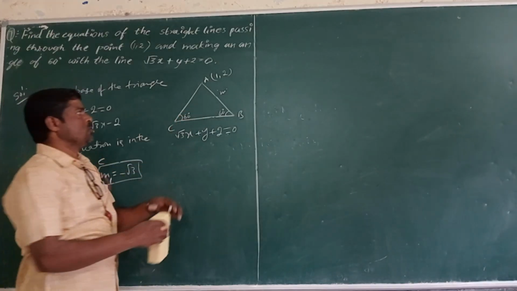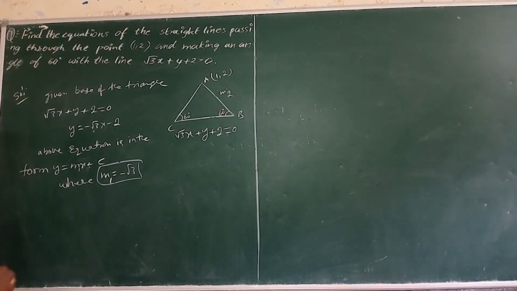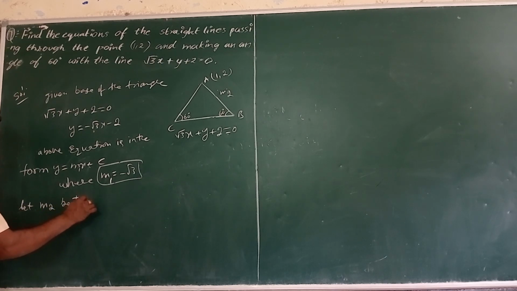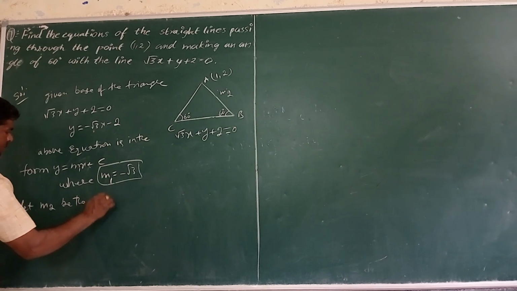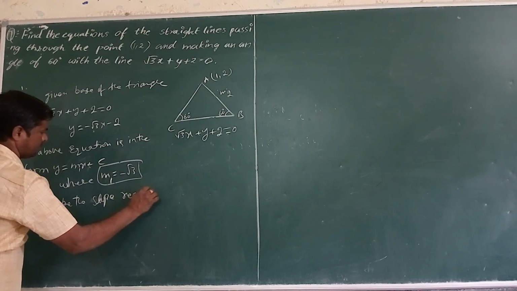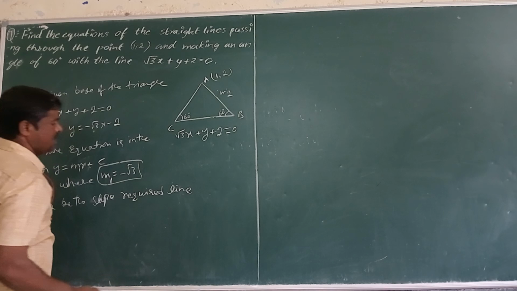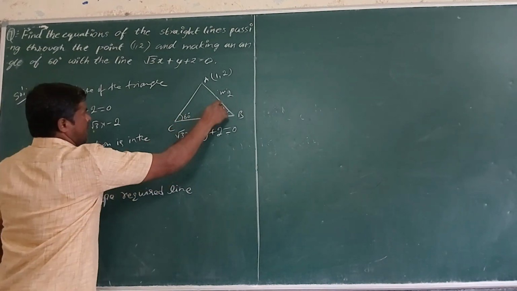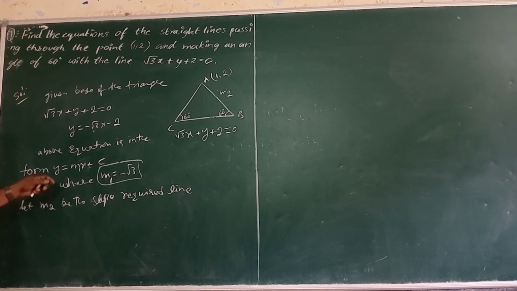Let m2 be the slope of the required sides of the triangle. Then the angle between two lines, we have one form in terms of tan theta.